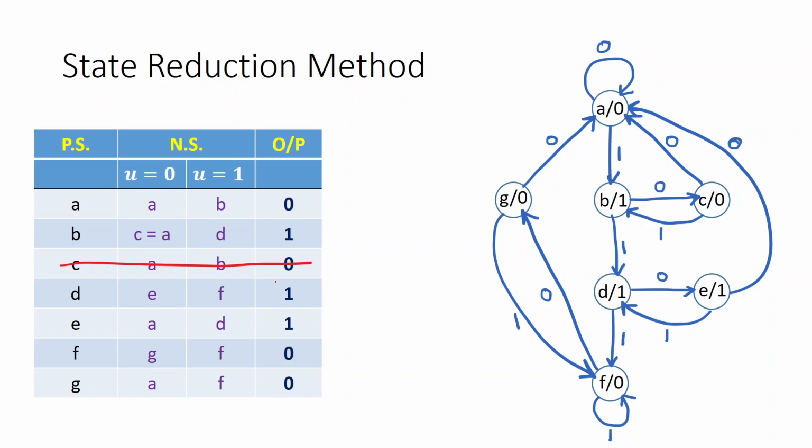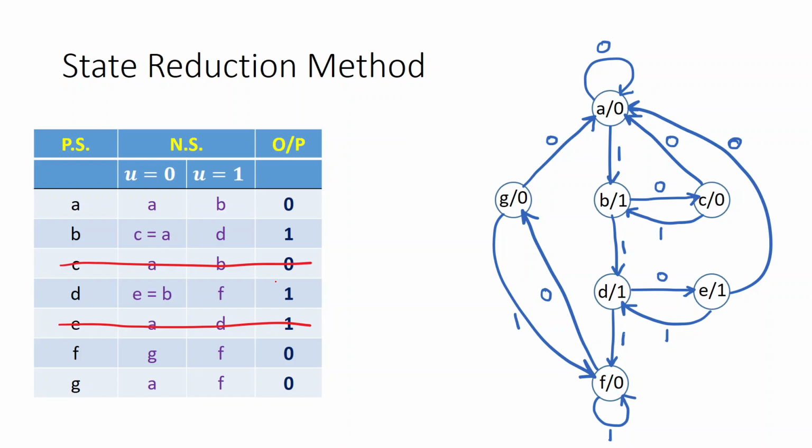So you can observe that B and E now become duplicate states because the next states are A, D and the output is 1. So the E is now struck off. So when E is struck off, we have to replace E with B, and that we are doing here. E with B we have replaced, and we don't have any further state reduction.